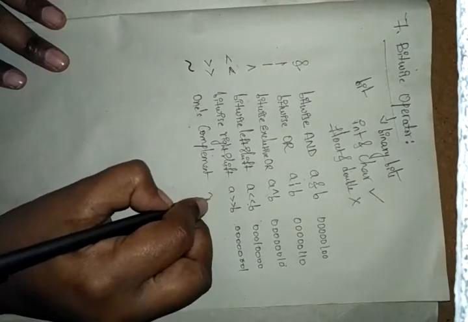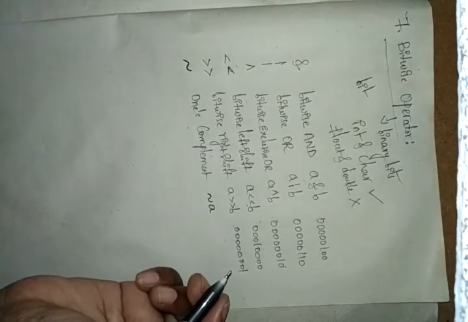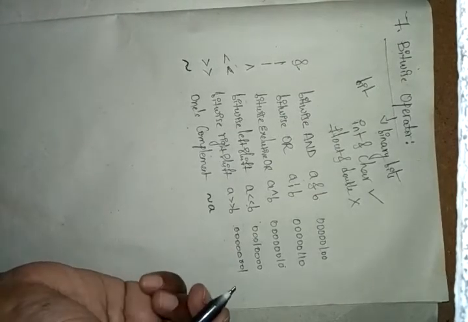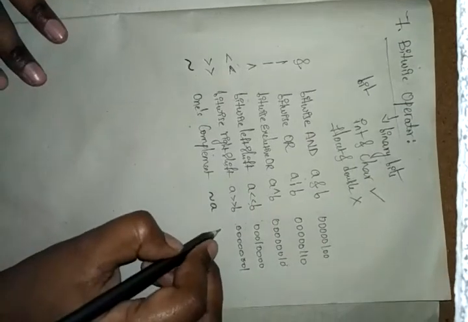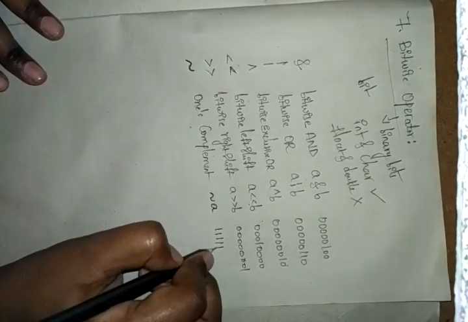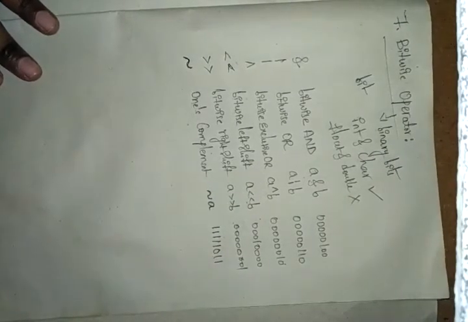It means the opposite. Whatever value you give, it is converted: if you give 0, it goes to 1, and if you give 1, it goes to 0. Like that, it displays the opposite. Like this you can take it.